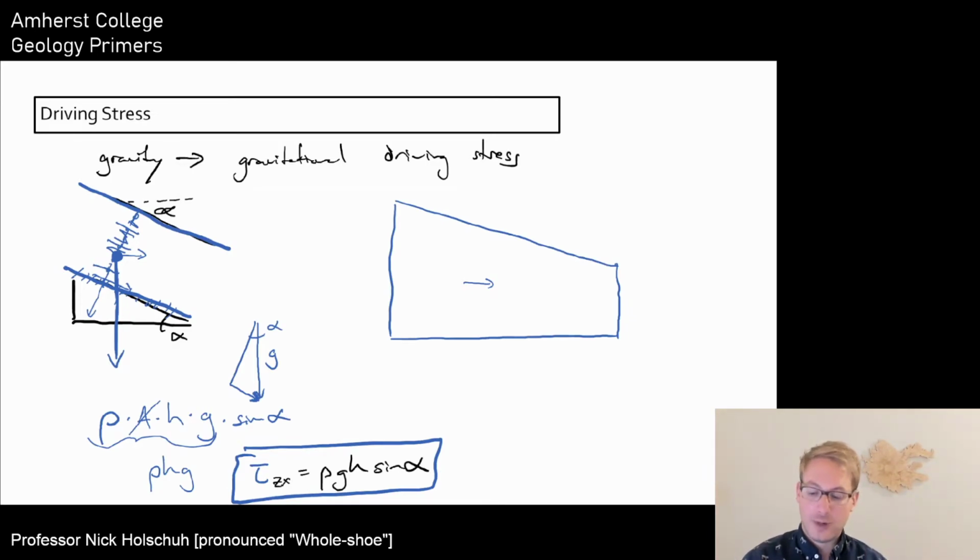If we think about why that's the case, we can look at two different cross sections of this glacier. Underneath the surface, the weight of the ice is acting to apply a pressure. The pressure here, just as in the previous case, is rho g h.